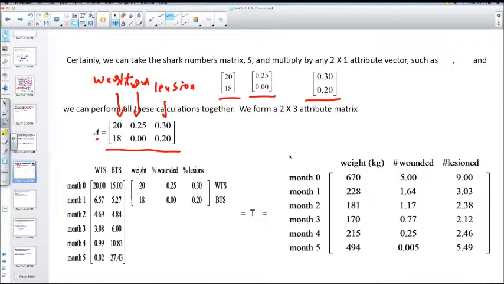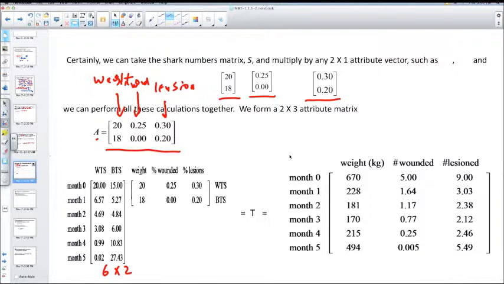Now we can calculate the multiplication of this original matrix with all the shark information, which is the total number of sharks in each month. That's a 6x2 matrix.